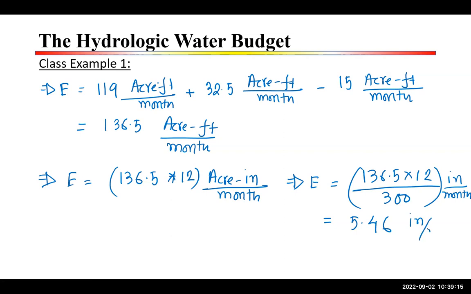5.46 inch per month. That means from that lake, each month, they are losing at least that depth of water every month. That is a huge reduction, right? Okay, so all of you got 5.46, everyone. You understand how to change the units and everything.